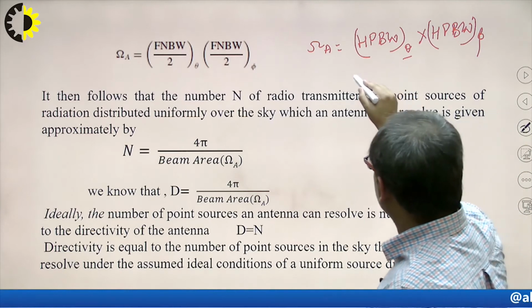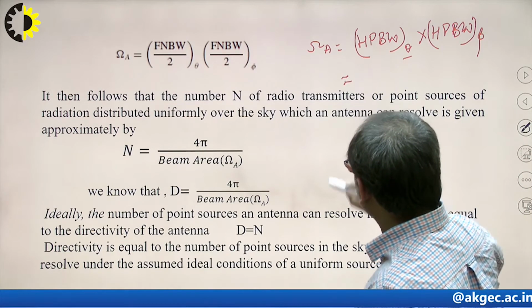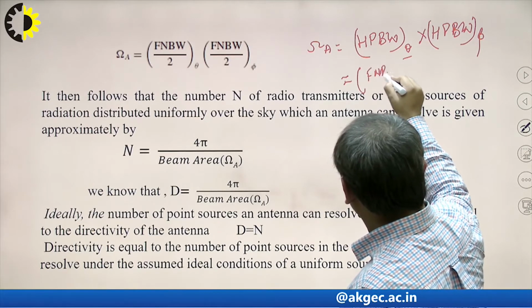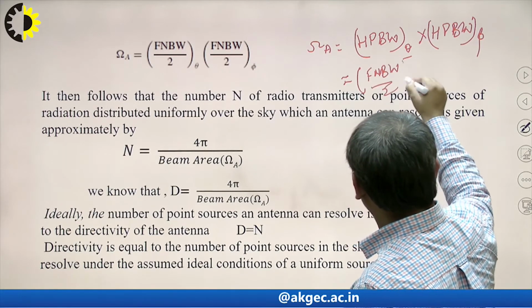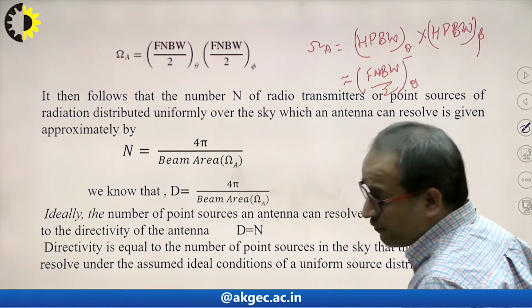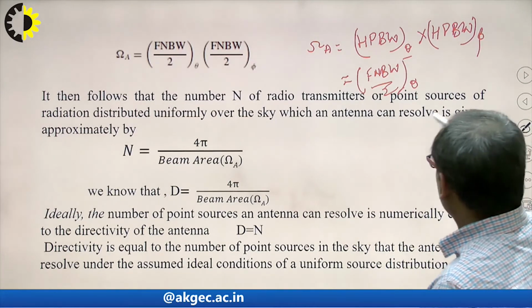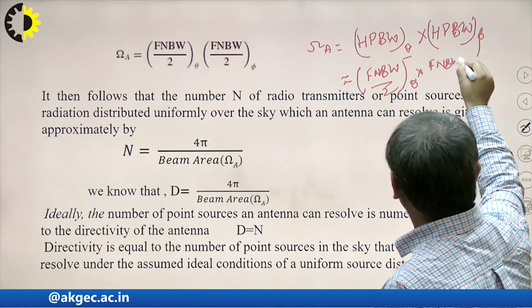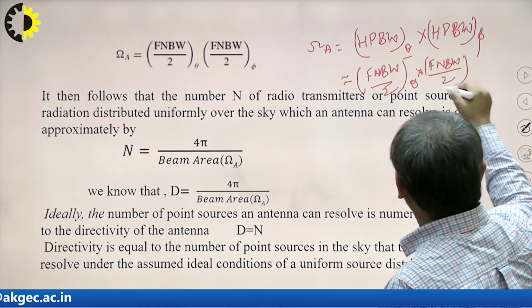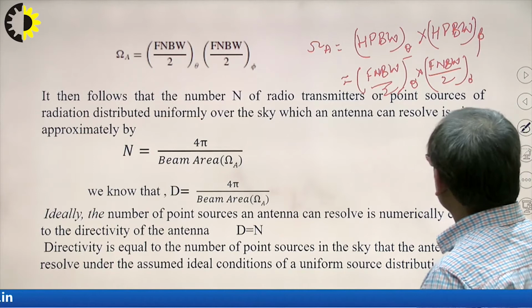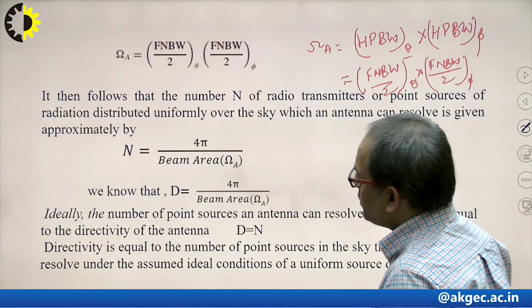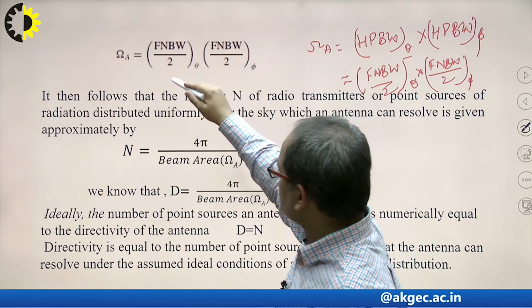This half power beam width can be written approximately as half of the first null beam width, that is, first null beam width divided by 2 in the theta plane, and first null beam width divided by 2 in the other plane. Clear? Now see, this one is the beam area.